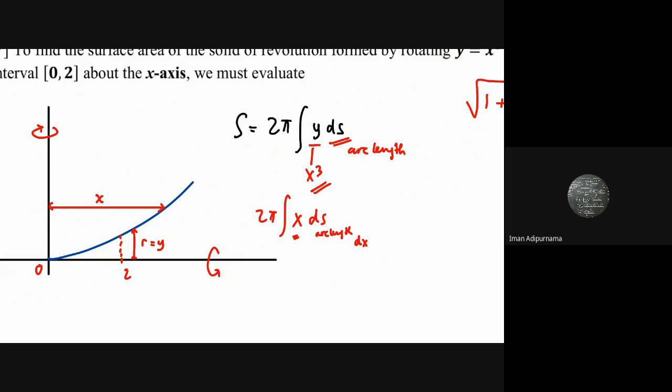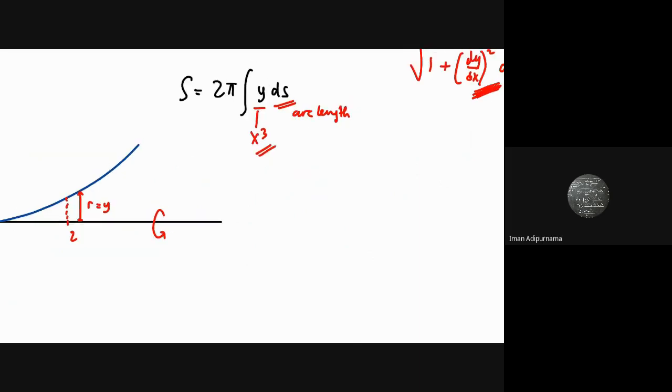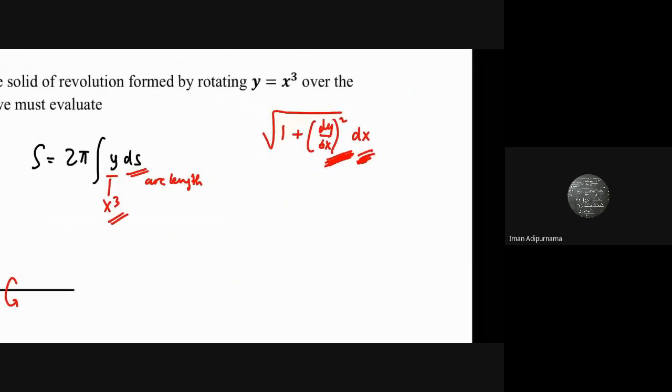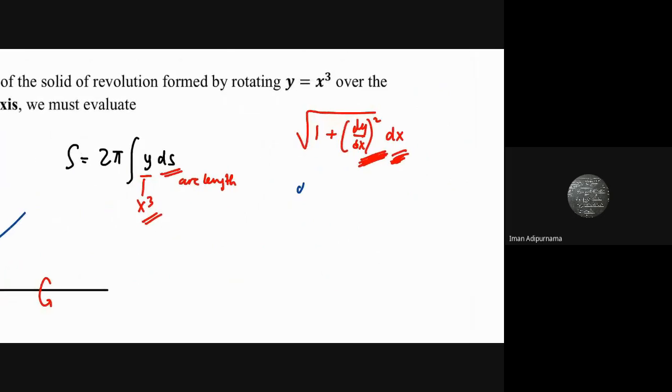Okay, and I think we can set the arc length to be using dx. Let's start from the dy over dx. So dy over dx is 3x squared.